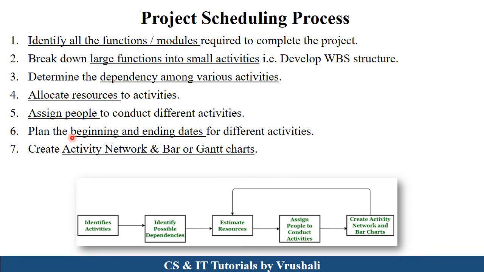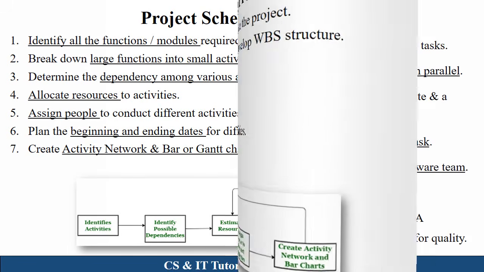Then they plan the beginning and ending dates of different activities. And after creating all this information, they present it in graphical format. For that purpose, they use activity networks or bar or Gantt charts for visualization. So this is the process of project scheduling.